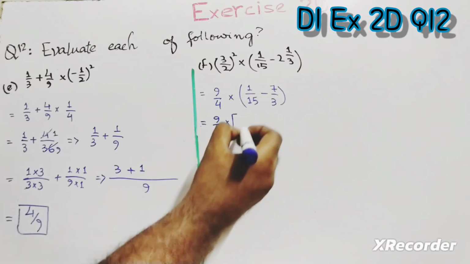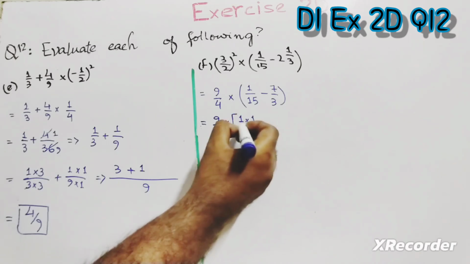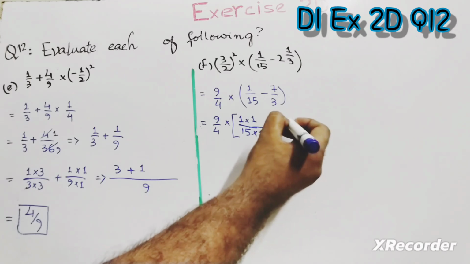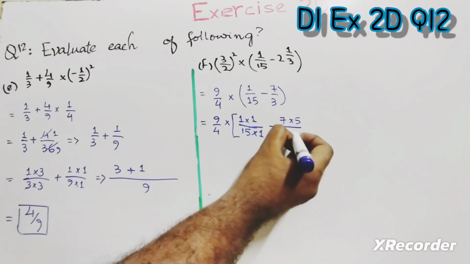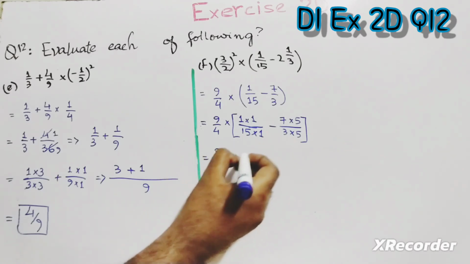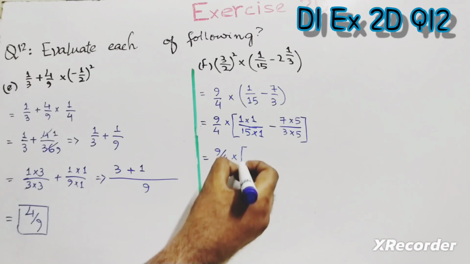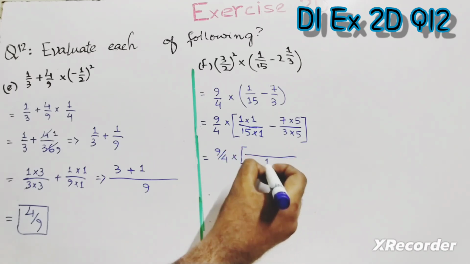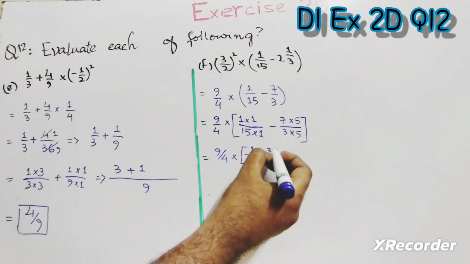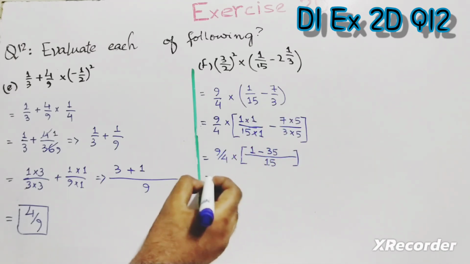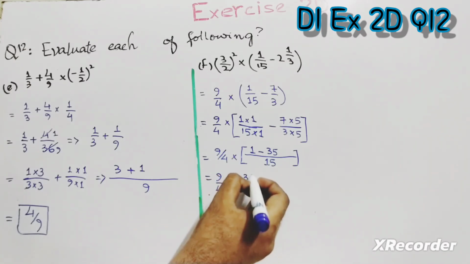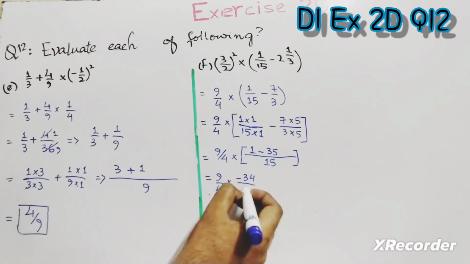So we can write 1 multiplied by 1 upon 15 multiplied by 1 less 7 multiplied by 5 as 3 multiplied by 5. 9 upon 4 multiplied with, what we get as common denominator is 15. 1 times 1 is 1 less 7 times 5 is 35. 9 upon 4 multiply with minus 34 upon 15.